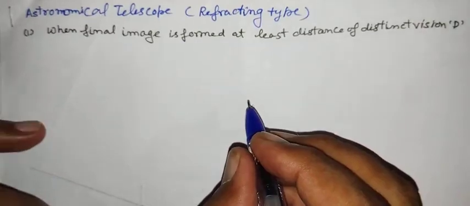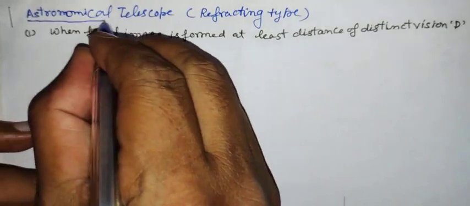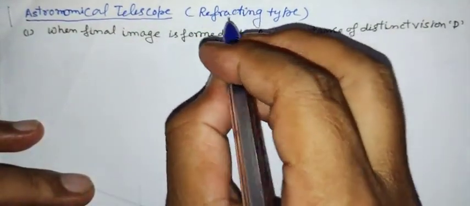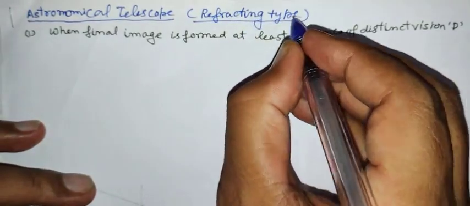Hello everyone, we are going to see today the astronomical telescope. This astronomical telescope is refracting type.